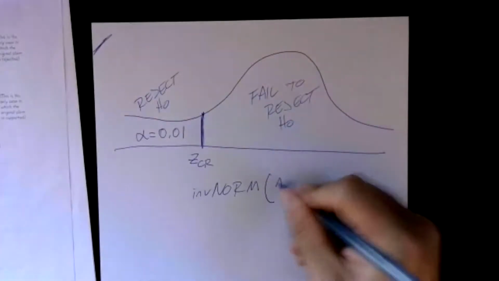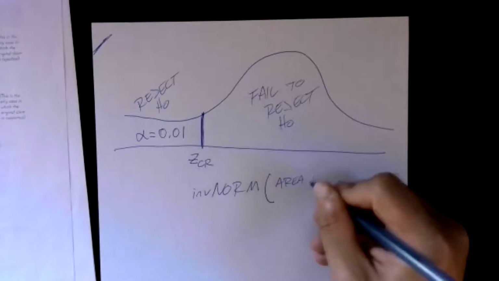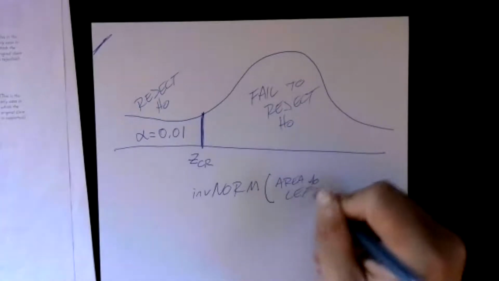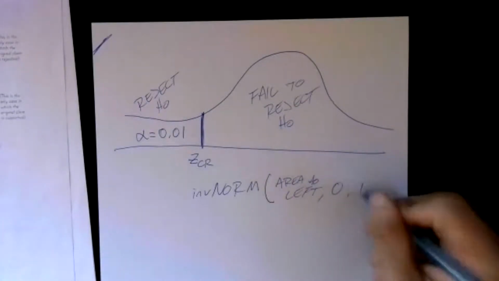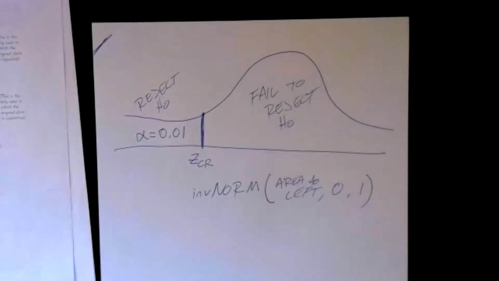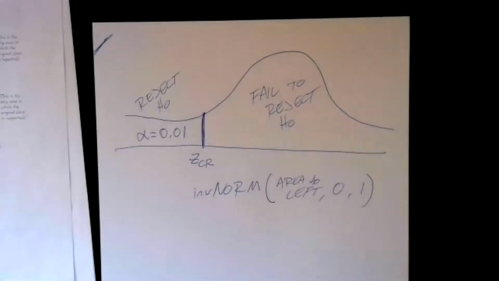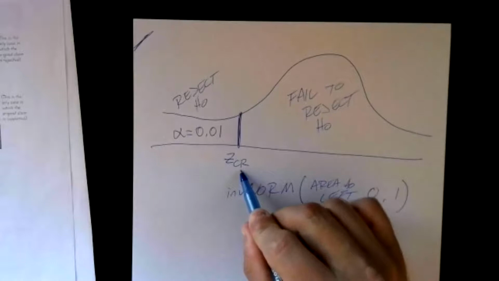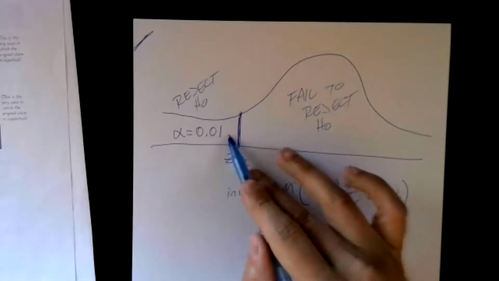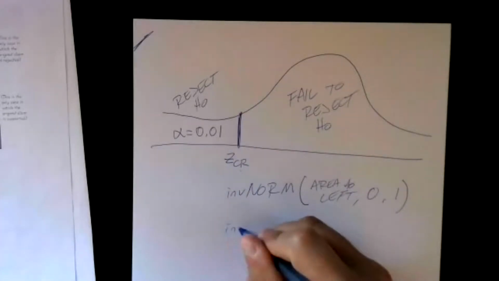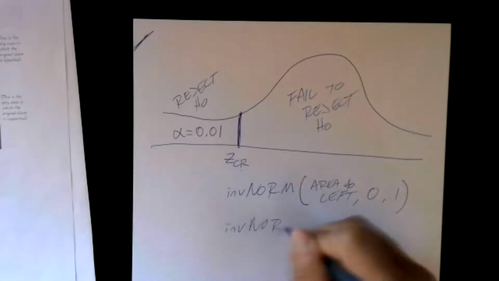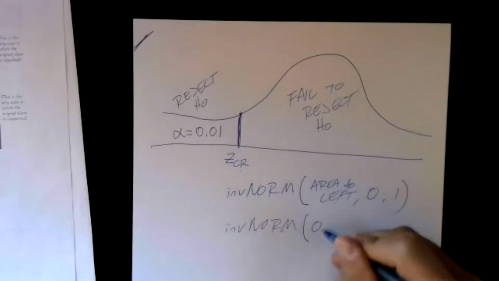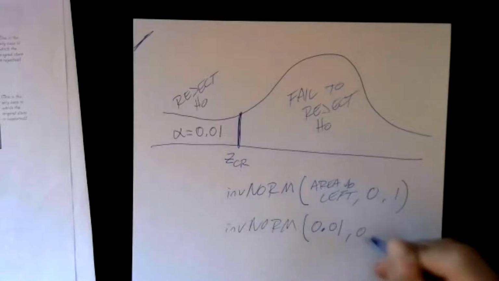Now remember, when using the inverse norm function, you always have the area to the left, comma 0, comma 1 for mean and standard deviation. Okay, so if we're looking for this Z critical value right here, we know the area to the left is 0.01. So we use inverse norm, 0.01, comma 0, comma 1.